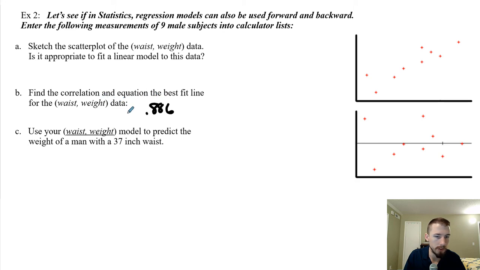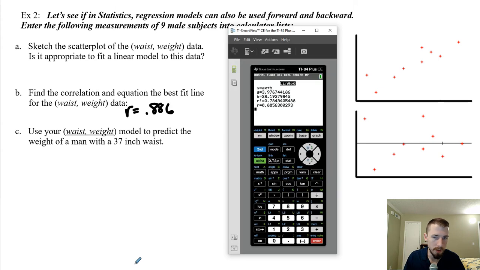Find the correlation, so that's what r is equal to, and the equation of the line of best fit. So you can write the equation by using the slope here.